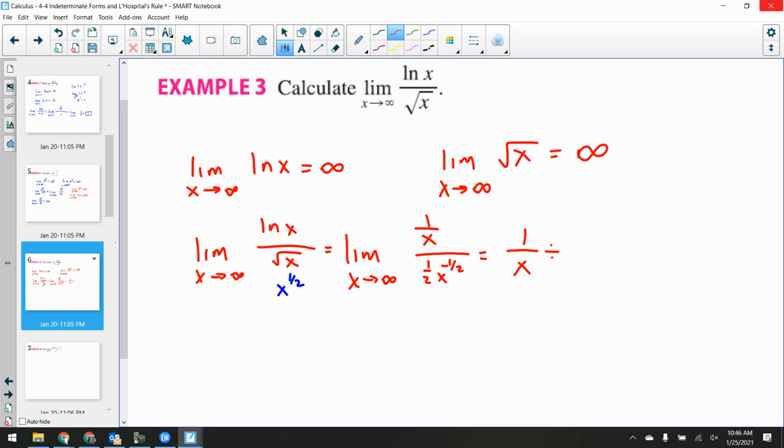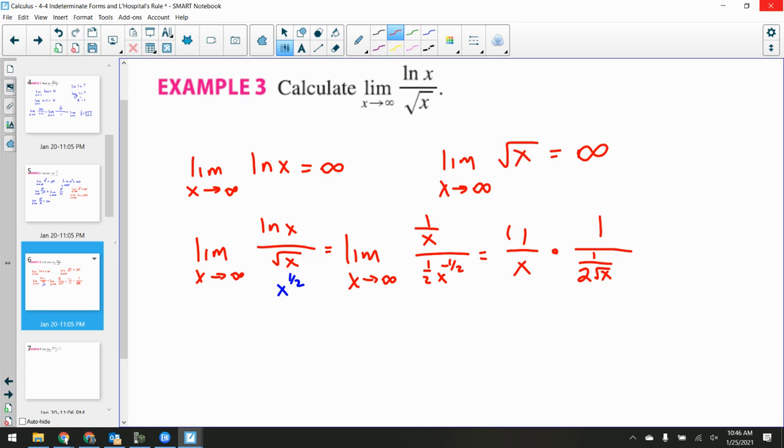Which is really like saying 1 over x divided by 1 over... okay, hold on. I gotta think with it. Let's change it to multiplying. Times, because since it was negative, 1 over 2... How did I get there?